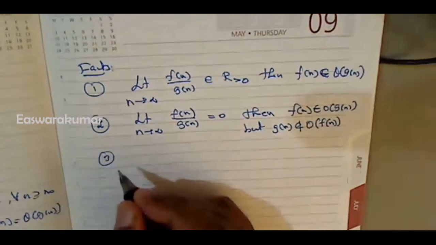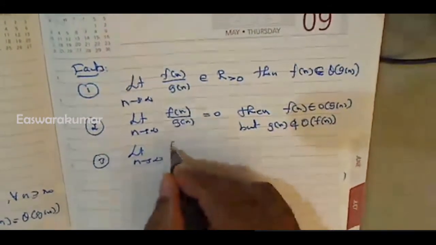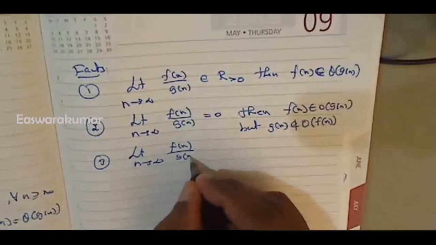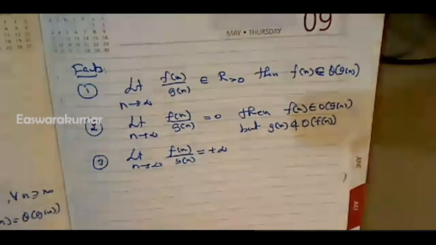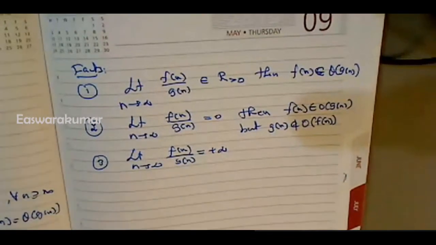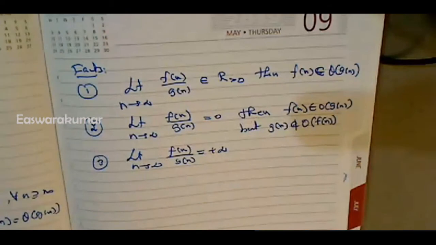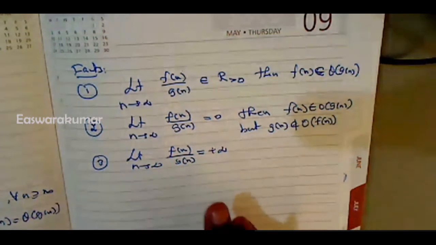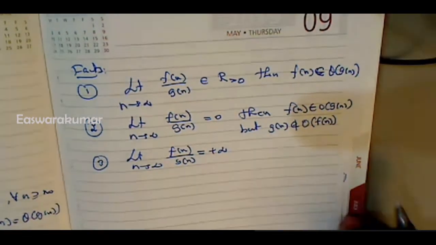Then the third property: limit n tends to infinite, f of n by g of n is equal to plus infinite. Minus infinite it cannot go, because the function itself is defined over the non-negative real numbers. So it goes to positive infinity only. Specifically we have stated plus infinite, the positive side, the larger value.